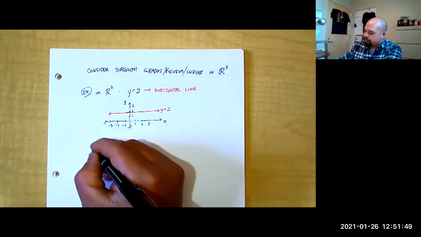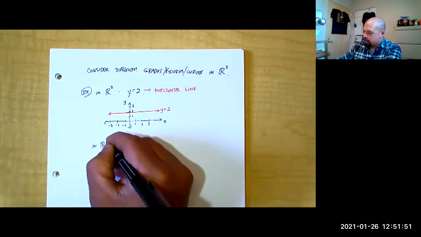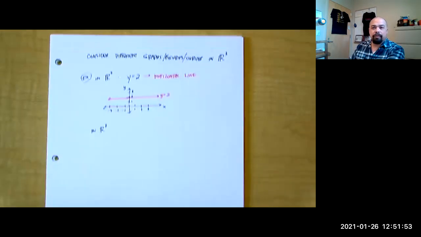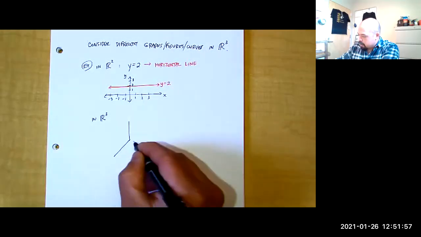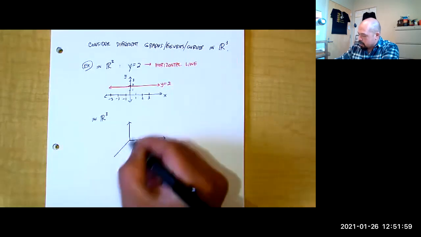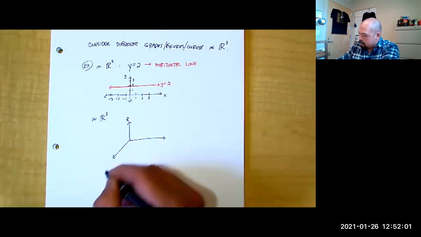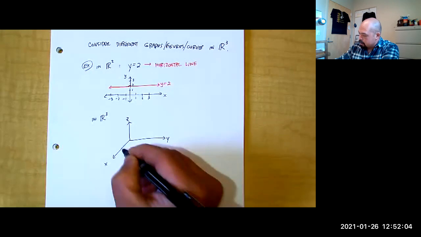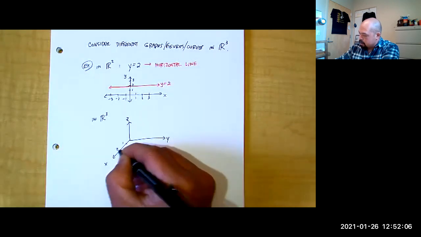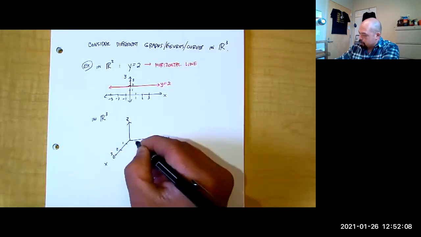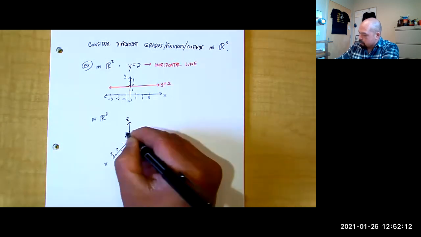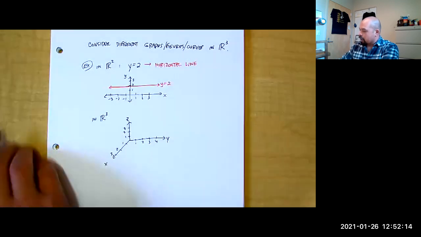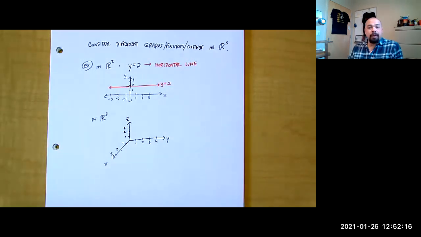But now what about in R3? What's that going to look like in R3? Well, now as we start to think about labeling, I know my scale might be a little bit off, but we start to think about graphing here.